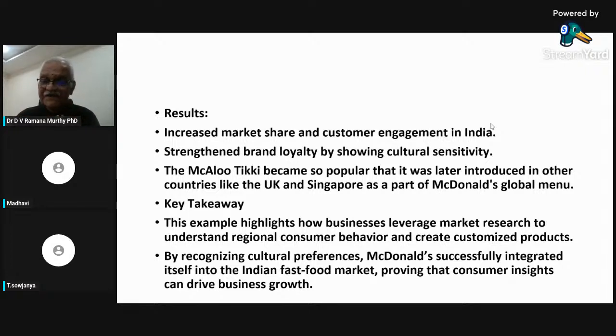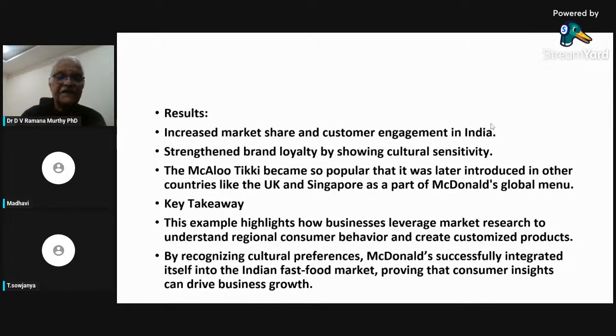Customization means you can't have a single product and offer it to every type of customer. You need to understand the customer classes. Customer class A prefers this, customer class B prefers that. How do you have this understanding? You can have this understanding only through research, right? Then you can customize the products based on regional consumer behavior study.